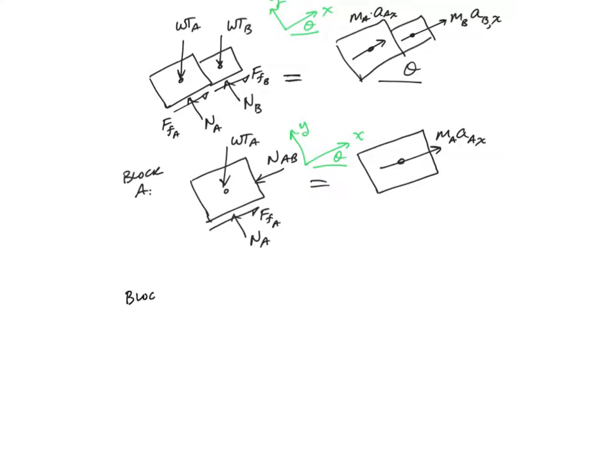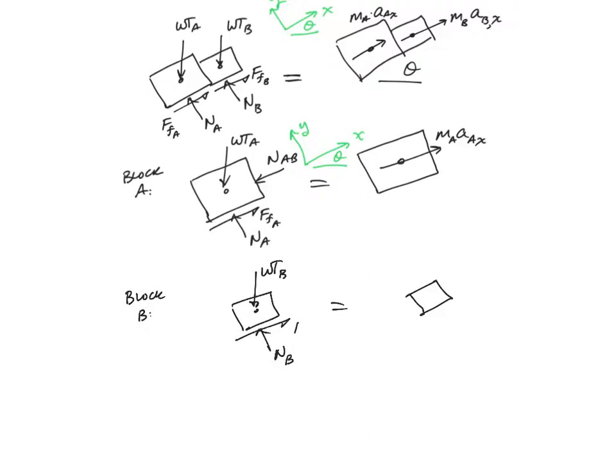And let's go ahead and do it for block B. So block B, a little bit smaller up there. Again, still at an angle theta. What have I got? I've got the weight of B. I've got a normal force.